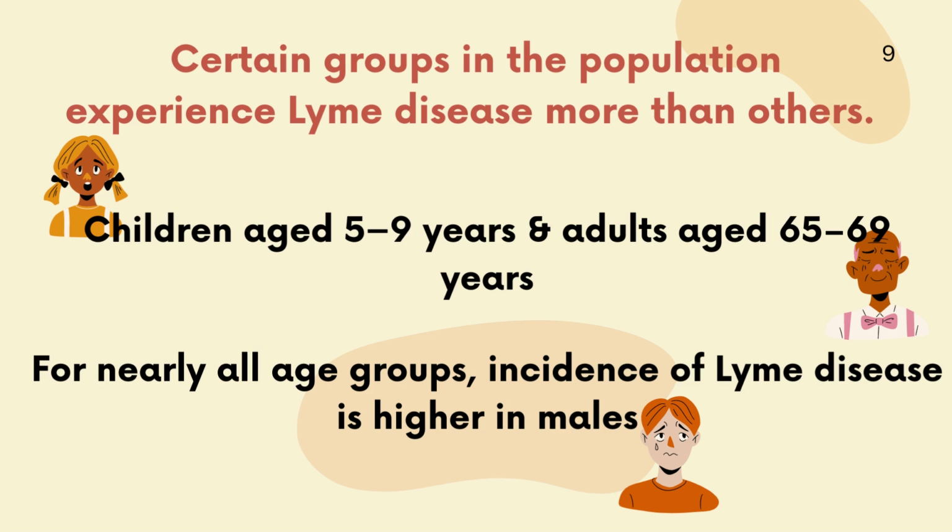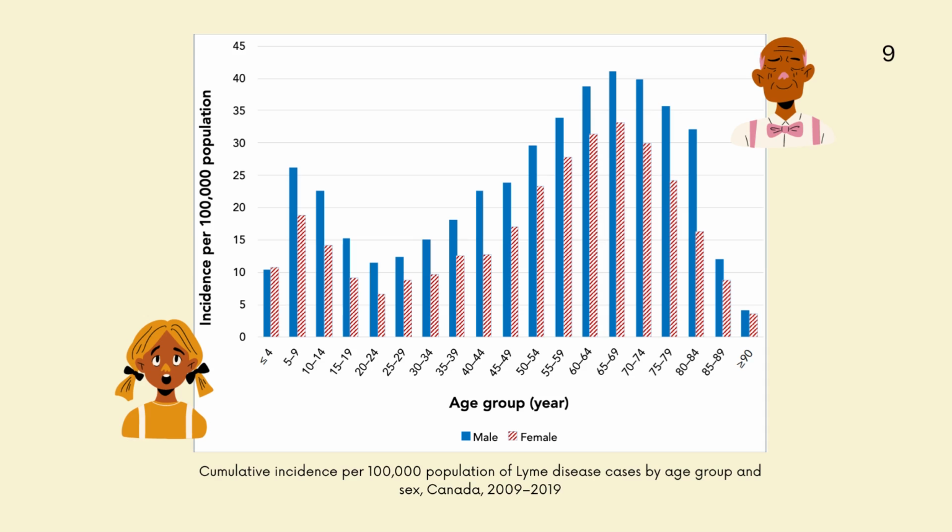The cumulative incidence was 45 and 74.3 respectively. Furthermore, for all age groups but those under 4 years of age, incidence of Lyme disease was observed to be higher in males, as they made up 57.3% of all Lyme cases. We see this reflected in this bar graph here, where the blue bars denote males and red-lined females.